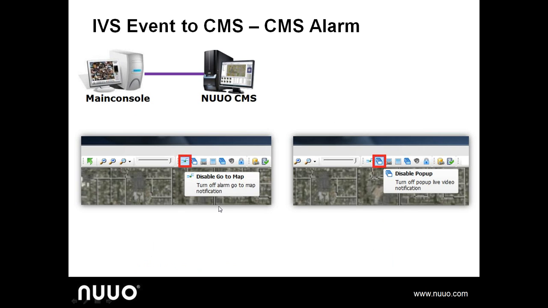And if you want to quickly stop the go to map layer function or the pop-out live view window, you may click on the disable go to map icon or the disable pop-out icon.